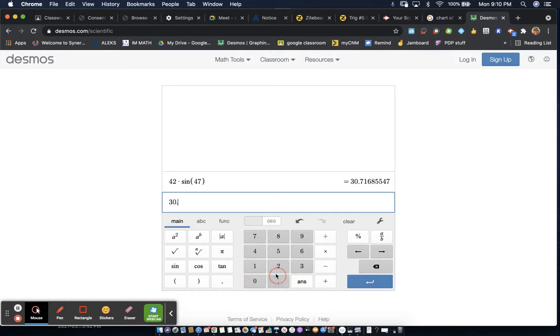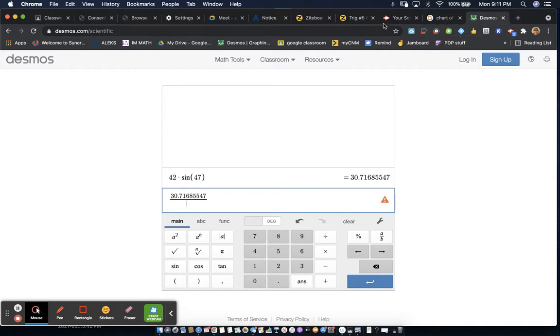Whatever. You should just do this in your calculator. Don't use this one. You should have a calculator. Theirs will work better. Okay, 47. I don't know where everything is apparently. 30.7, whatever, divided by, what was it?